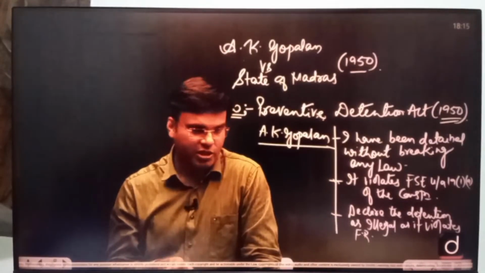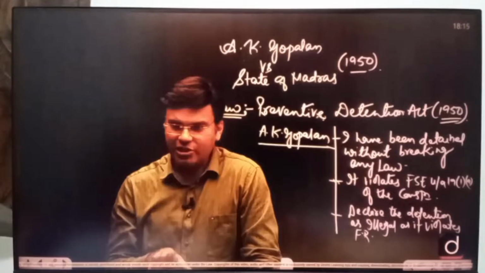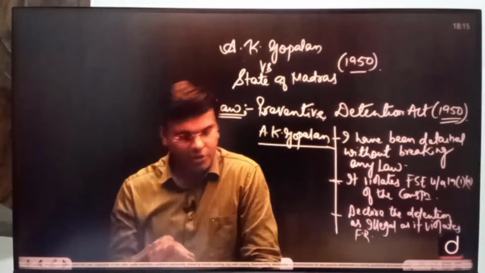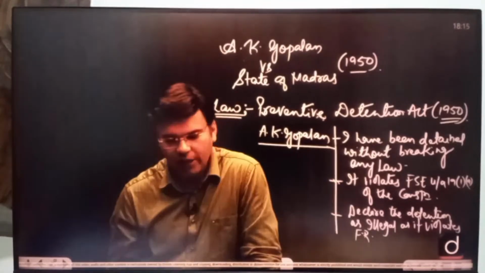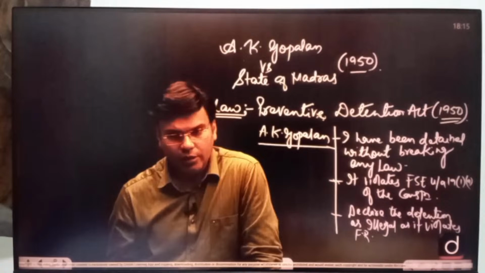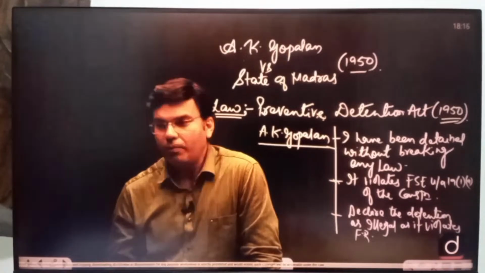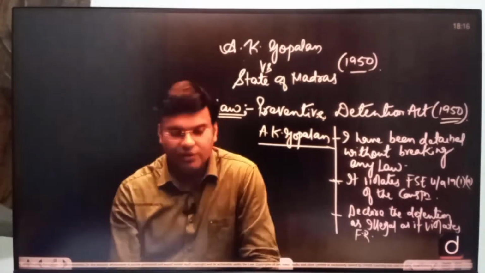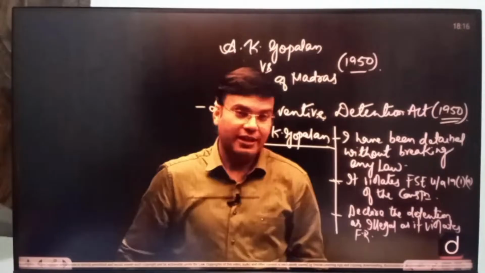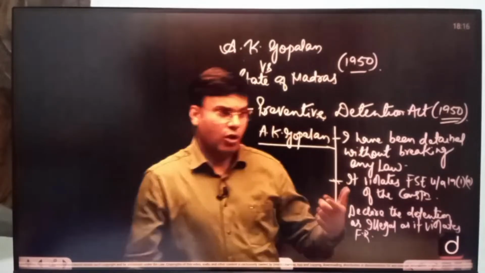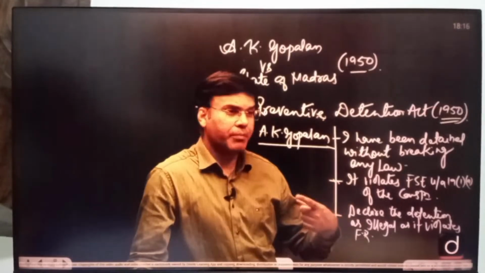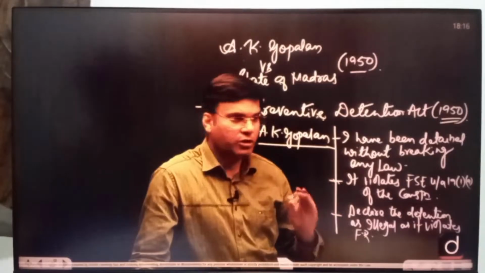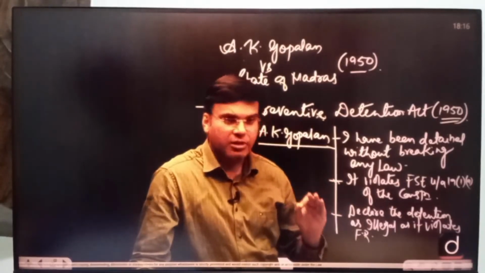So if there is a law by a competent legislature restricting your personal liberty, then your personal liberty can be restricted, and the court cannot entertain such a plea by declaring the law passed by the competent legislature as invalid, because nowhere does the Constitution say that if there is a law which is depriving you of your personal liberty, then we have to interpret the law on the principles of natural justice. We just need to interpret the law on the principles of procedure established by law.